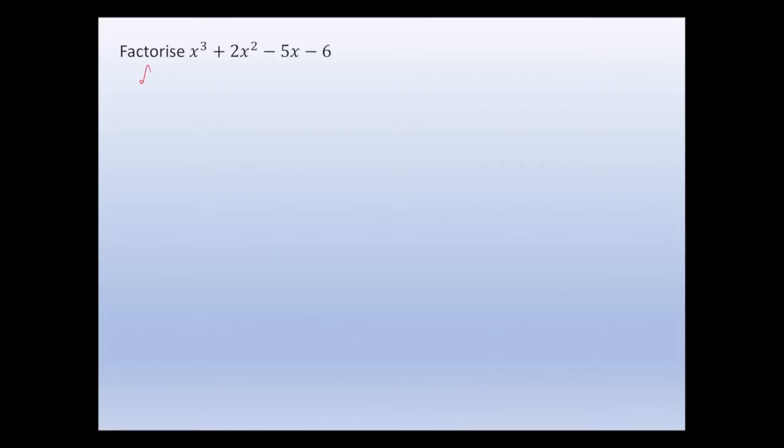This is the first example. You need to factorize x cubed plus 2x squared minus 5x minus 6. Let f(x) equal x cubed plus 2x squared minus 5x minus 6.